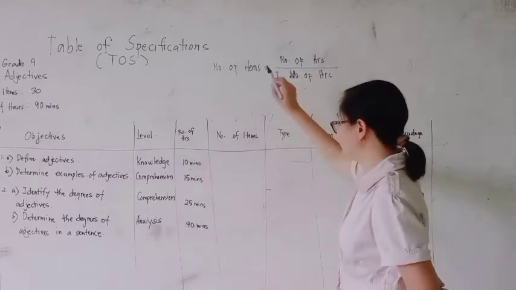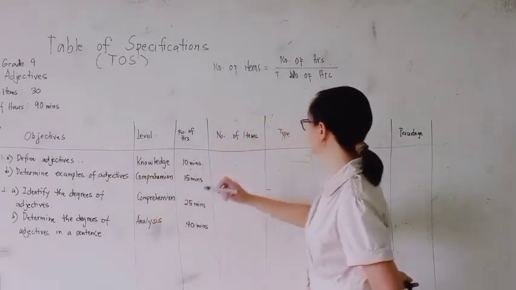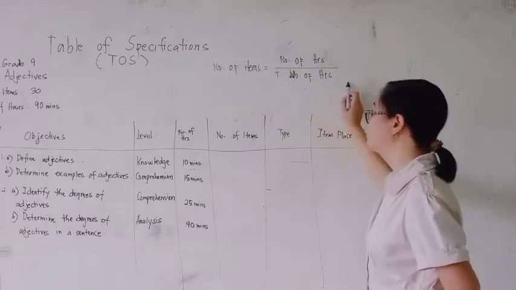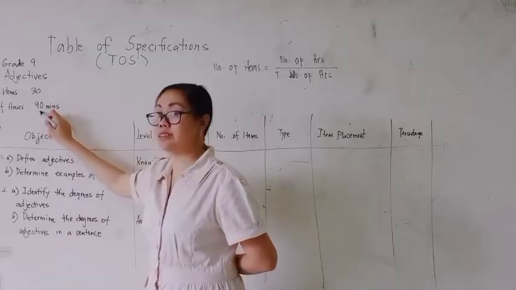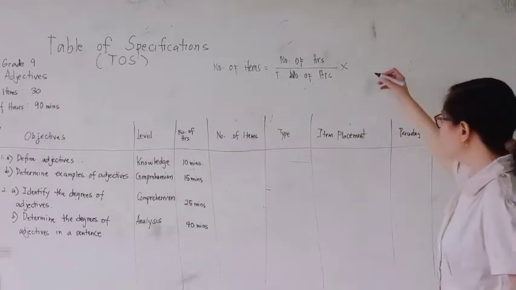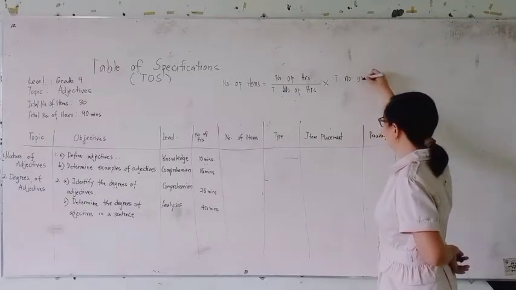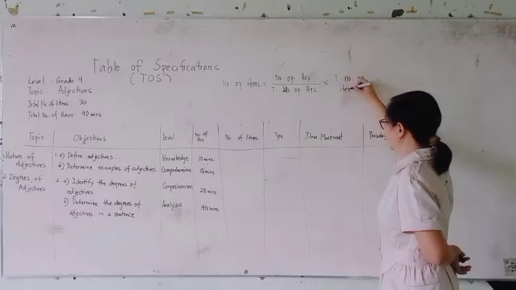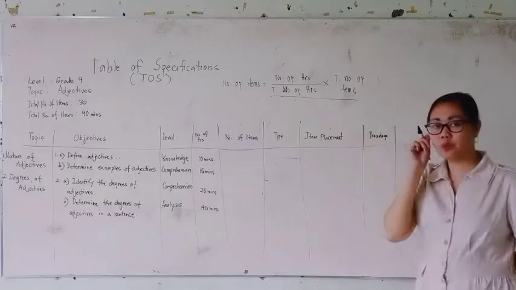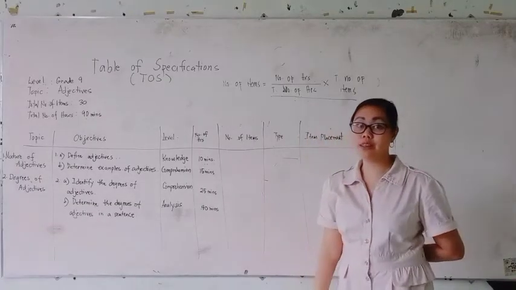So, in case, halimbawa, sa nature of adjectives, letter A, define adjectives, ang nakalagay sa number of hours ay 10 minutes. Dito sa total number of hours ay 90 minutes. Times, you have to multiply it to the total number of items. Okay? So that will be the formula that you are going to use in order to determine the number of items for every topic.